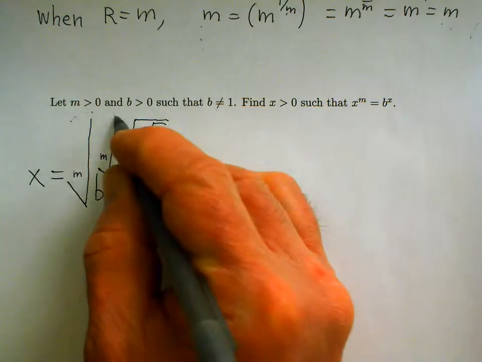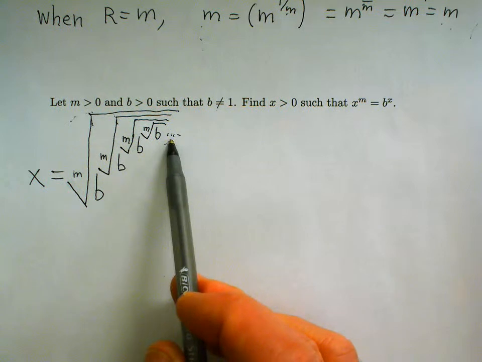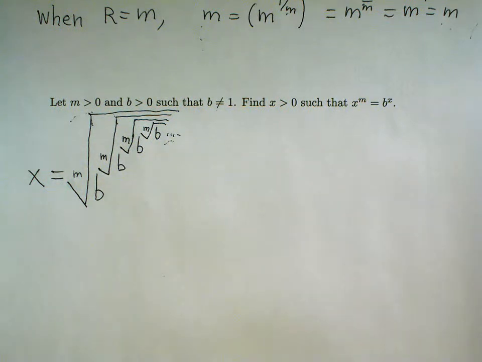Since it's an infinite process, we put the three dots to indicate that this goes on forever.